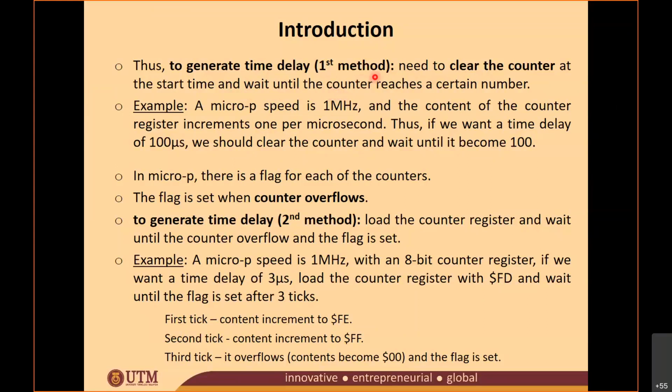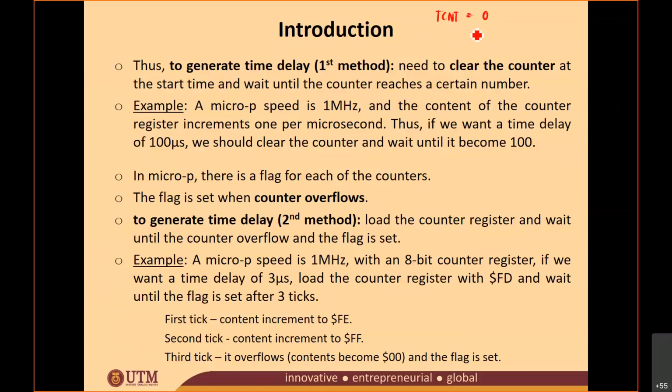So the Tcnt value should be set to 0 at the beginning. Then you set another register, which we call the OCR register.